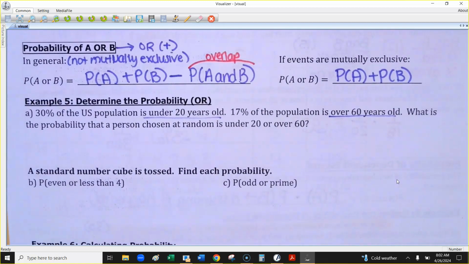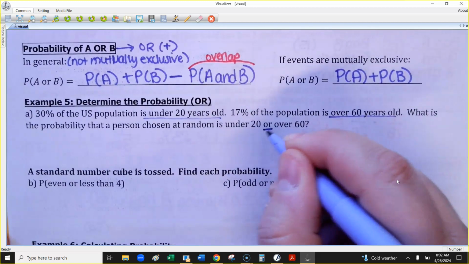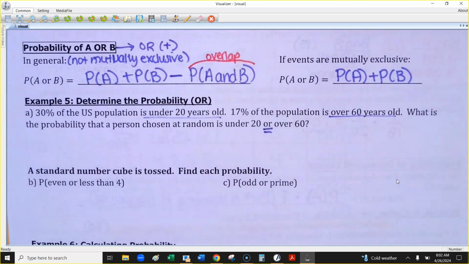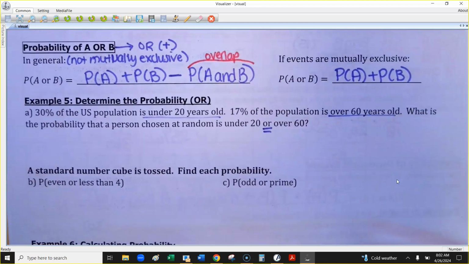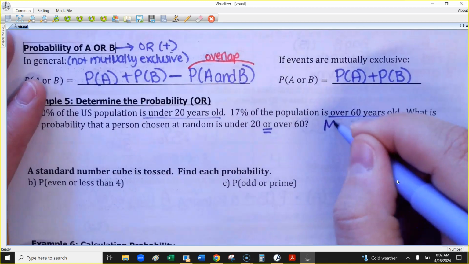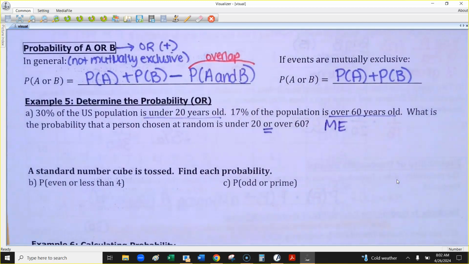What's the probability a person chosen at random, from the entire United States, is under 20 or over 60? The first thing I have to ask you: can my age be less than 20 and more than 60 at the same time? No. So there's no overlap here. These are mutually exclusive, so we should just be able to add these probabilities together.